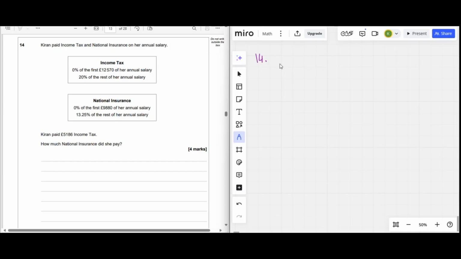National insurance is 0% of the first £9,880 of her annual salary, and the rest is at a 13.25% rate. Kiran paid £5,186 tax. How much national insurance did she pay?